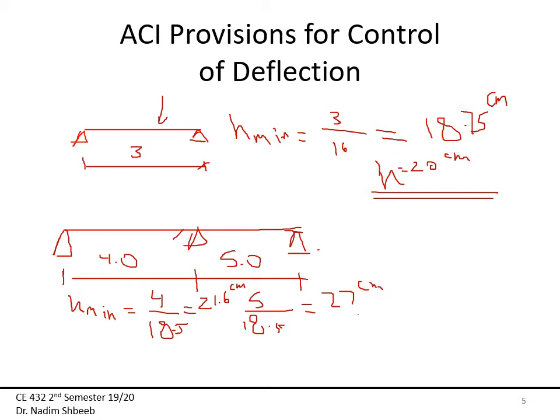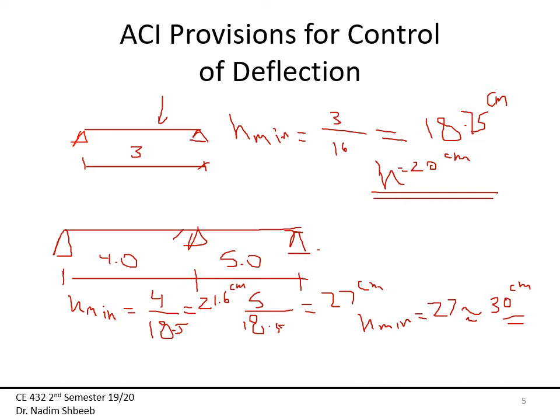So out of these two, my H minimum is equal to the largest of them, which will be 27, but then for design purposes I probably will choose 30 centimeters. So this H is the minimum H that is required for deflection.